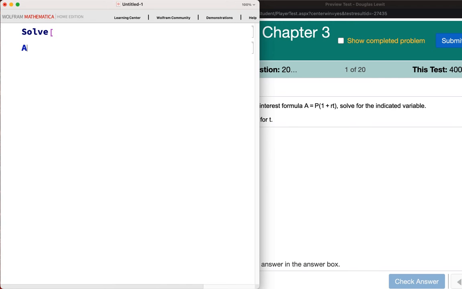Okay, A is equal to P times 1 plus R times T. And what is T?